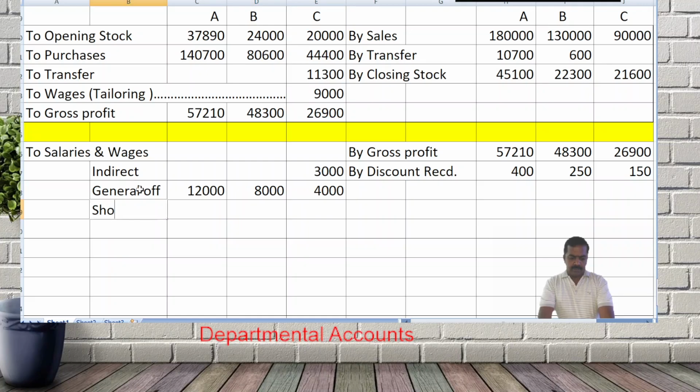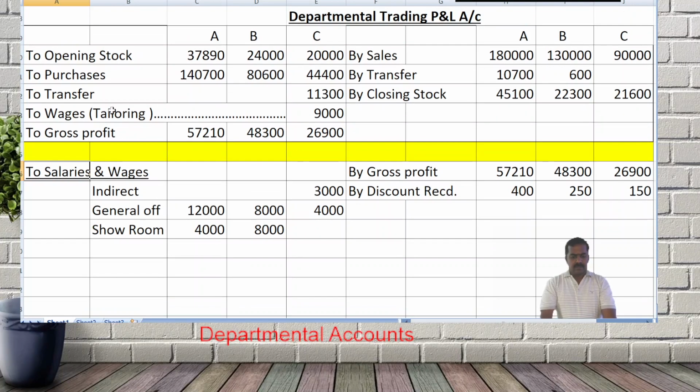Then showroom. Showroom salaries and wages were allocated only between A and B: 4,000 and what? 8,000. Once again, wages paid for tailoring comes in which account? Trading account. 9,000 is charged in which account? Trading account. Indirect wages will come in which account? Profit and loss account. General office 3:2:1, showroom expenses 2:1. Allocation is done. This is which one? Salaries and wages.